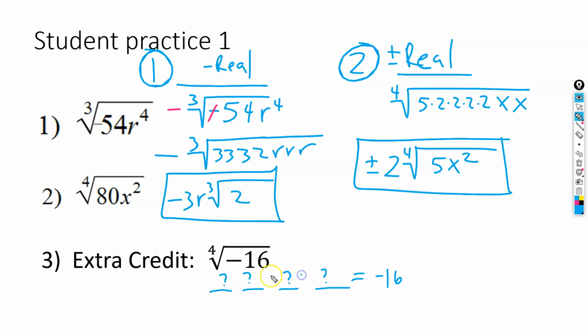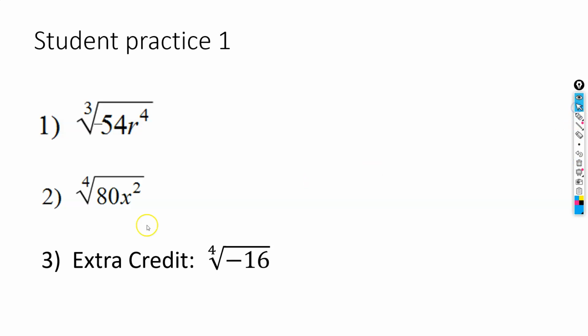So try to think about it from that angle. What number multiplied by itself 4 times can give you a negative 16? All right, a little tricky. If you can get it, awesome. If not, that's okay. Just email me if you get it, and I'll hook you up with some extra credit points.